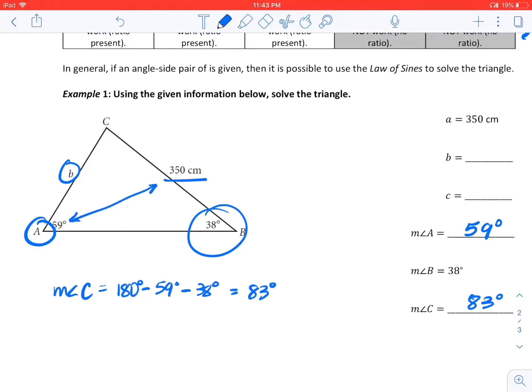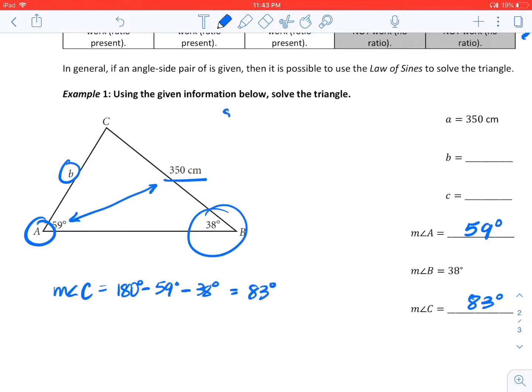The rationale behind that is I need to be able to set up what the ratio equals in order to solve for the sine of angle B and the side length B.